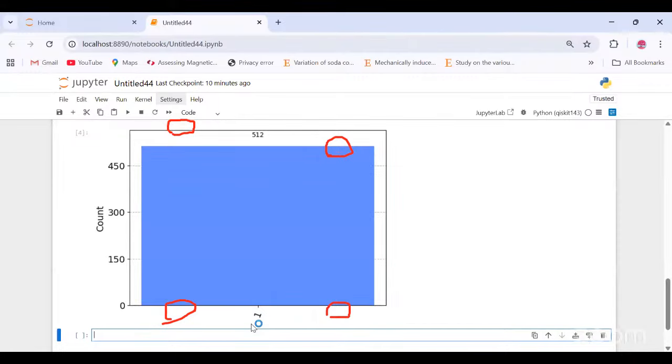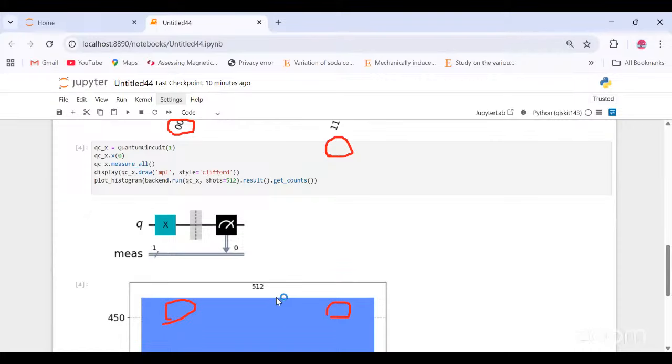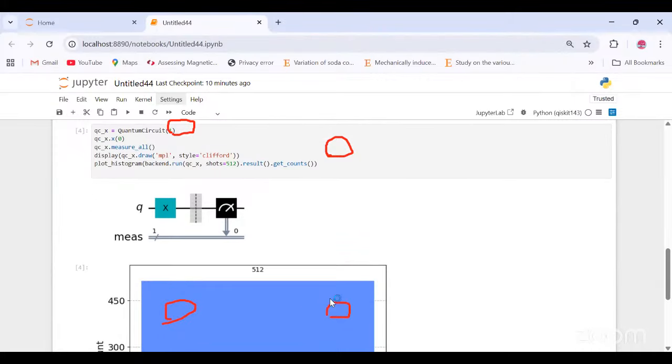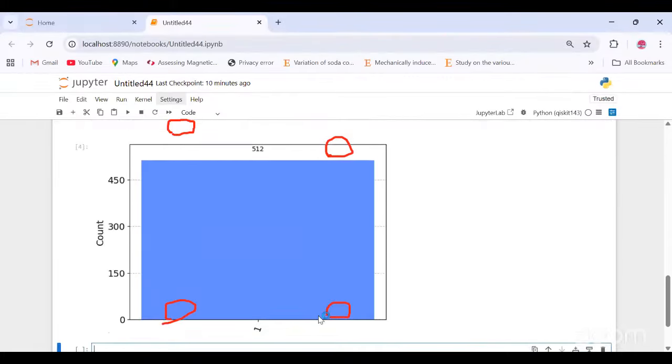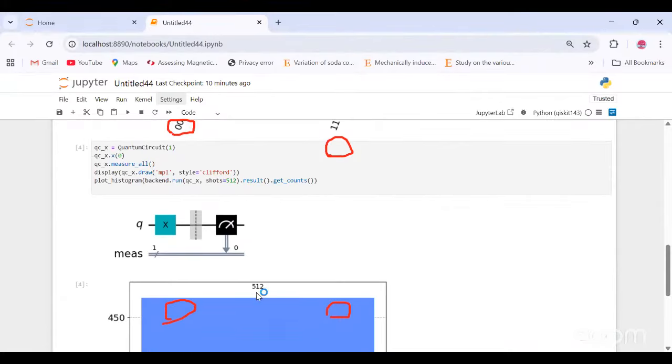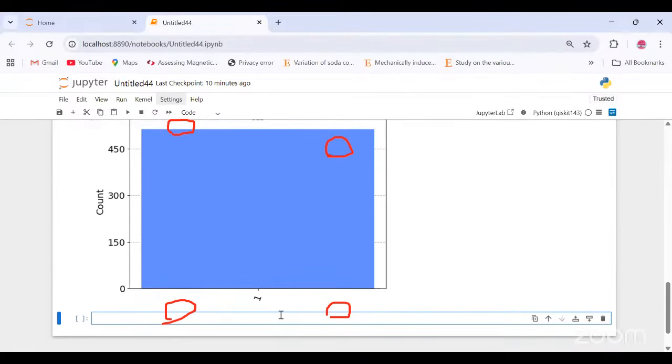By default, the inputs are set in the 0 state, so the output will come 0. Oh, sorry, 1. We are running 512 shots and the output is coming 1. That signifies that the simulator and the circuit are working fine.